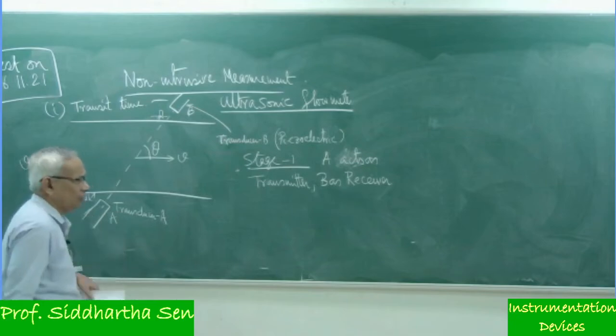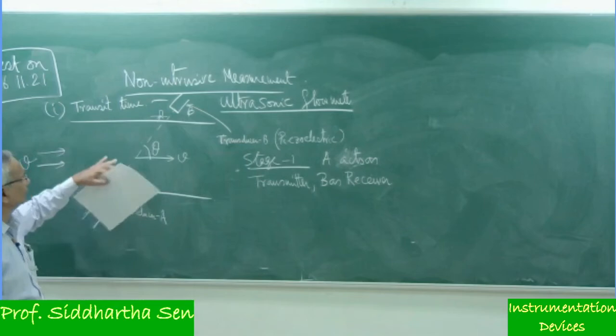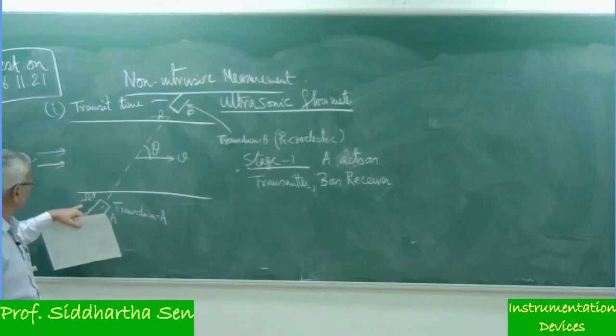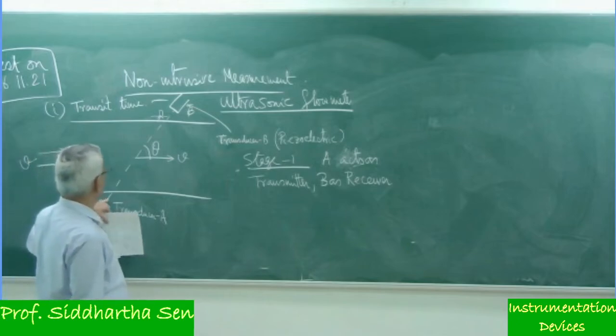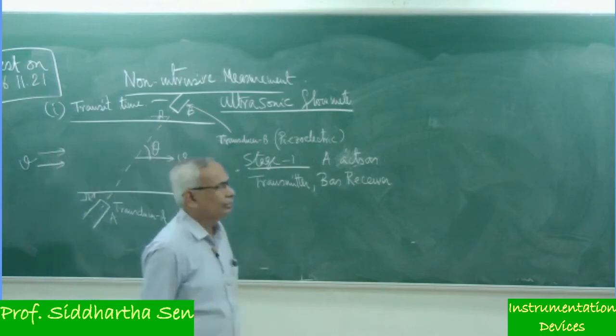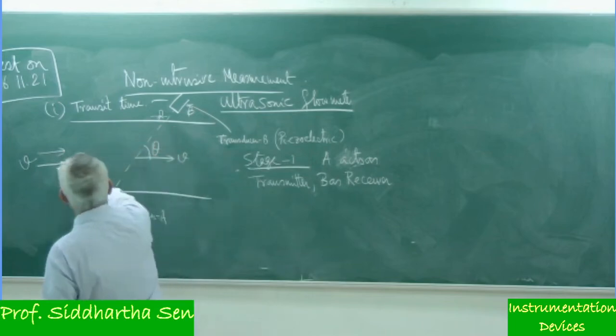So there is a very sophisticated clock, and this clock is used to measure how much time is required for the pulse to travel from this point to this point. Definitely, you know that this will be dependent upon the velocity v.